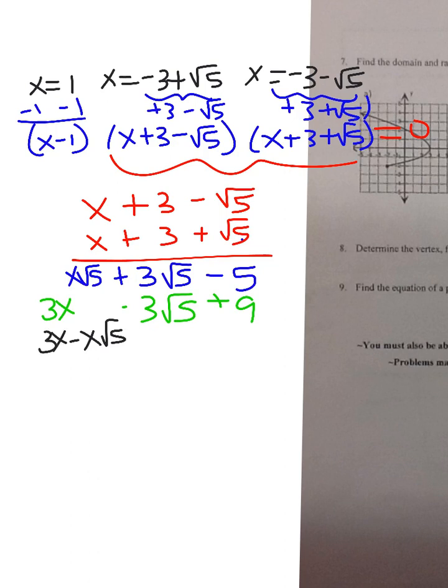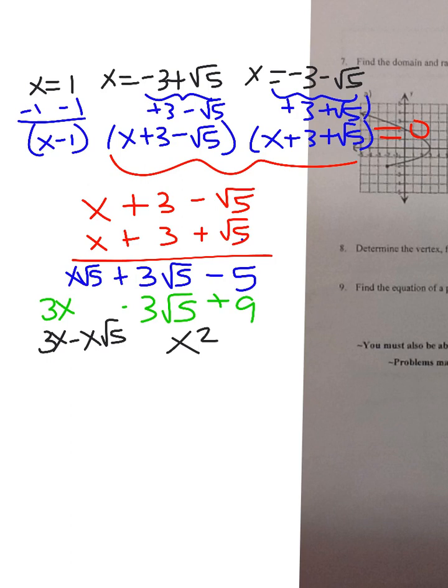Then x times x gives me x squared. Sorry, I have to put it back here because I ran out of room, but make sure we put that down at the other end.